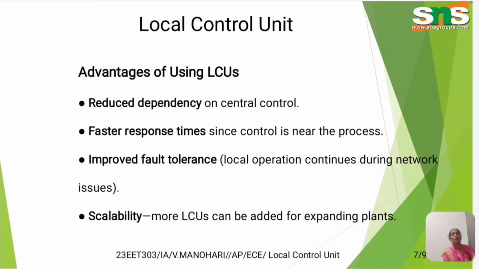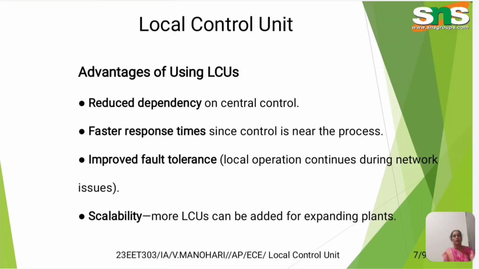Next, moving on to the advantages. Why do industries adopt the LCU? Let us summarize the advantages of having the LCU. It reduces dependency on central control. If the central system goes down, the LCU can still manage the process locally. Then faster response time. The LCUs are near the equipment, so there is minimal delay in responding.